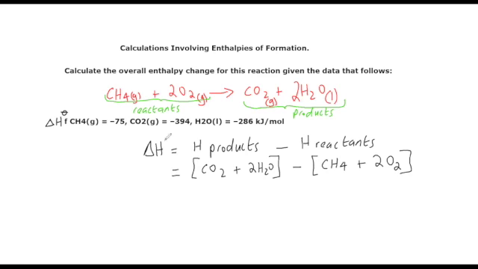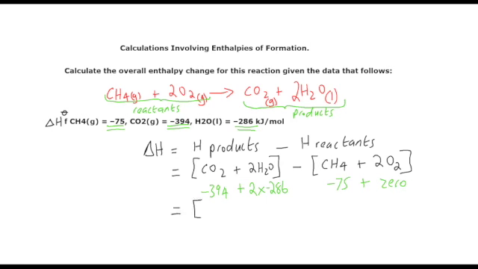So now you just put your numbers in, which are given to you. So minus 75 is methane, minus 394 is carbon dioxide. Water is minus 286, but I must multiply it by 2. And the enthalpy of oxygen is 0 because it's not given there, but also because it's an element in its standard state.